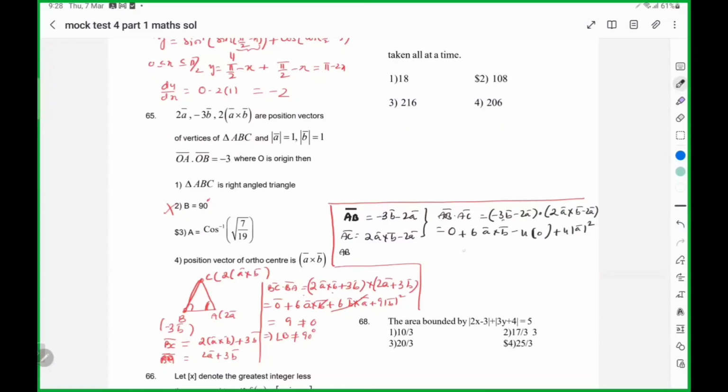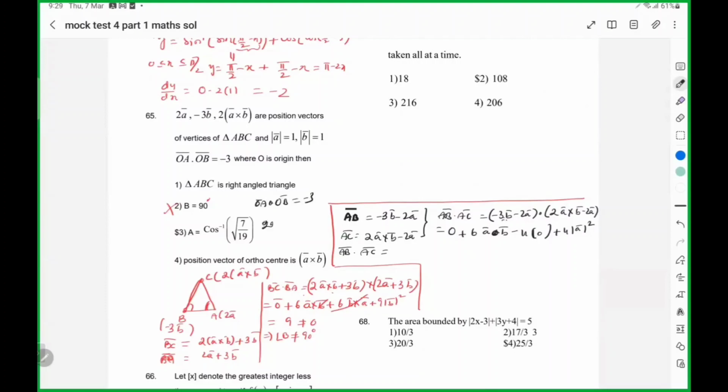So here it is AB dot AC. From here, AB dot AC will be A dot B, here he has given OA dot OB is minus 3.